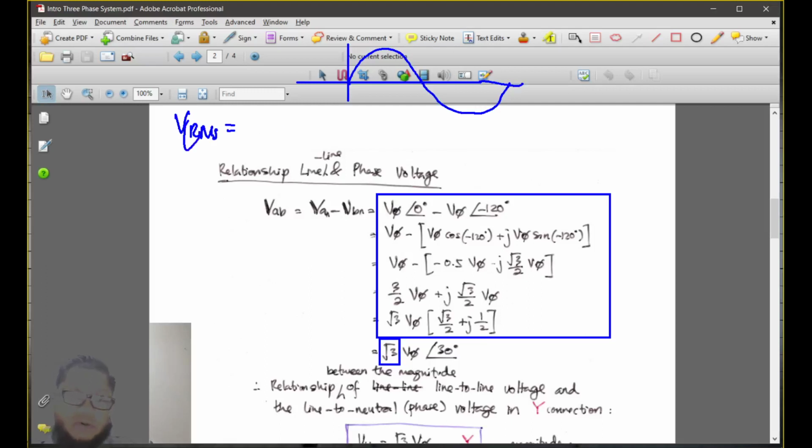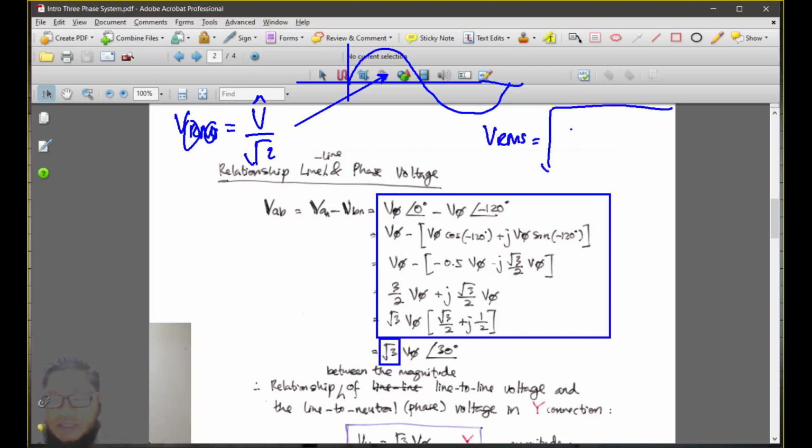VRMS is a root mean square, so it's always V peak over square root 2 for the sine wave, isn't it? So why? Because we do the root mean square, VRMS is the root of 1 over T, integral 0 to T, of v(t) squared dt.